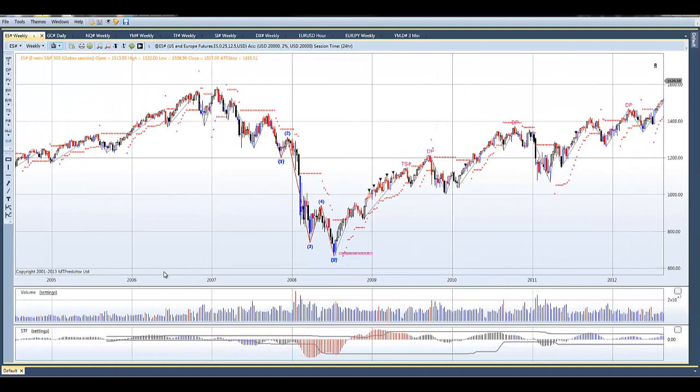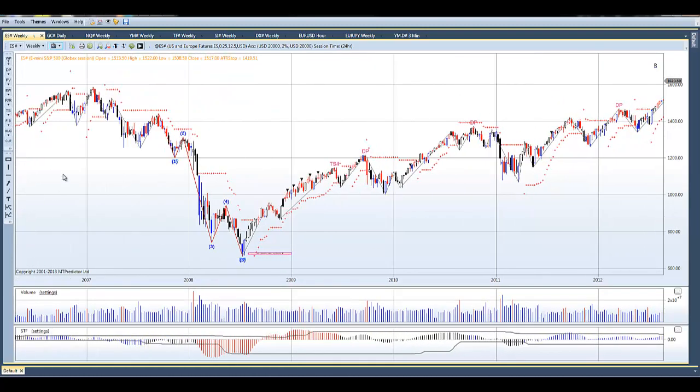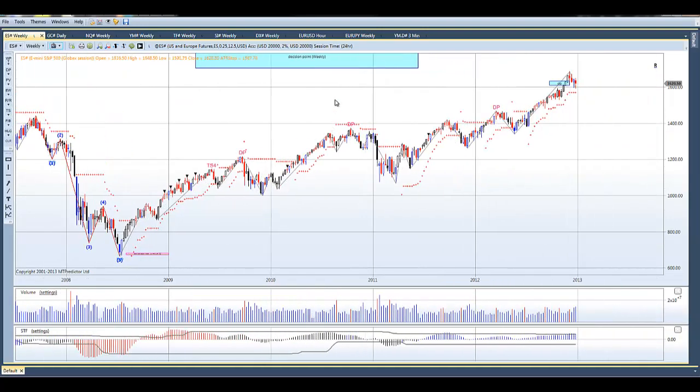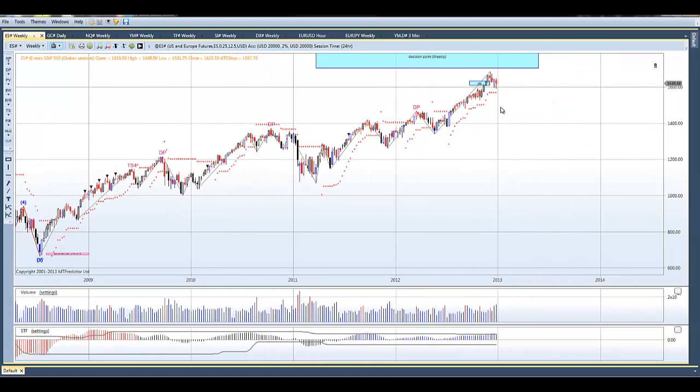Expand this just a little bit for this swing. There it is, that's the one I'm looking for. Just drag that over. So we went beyond this small one, and we're just shy of that level.